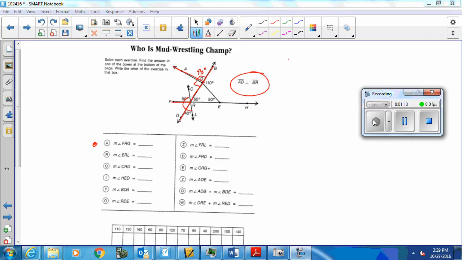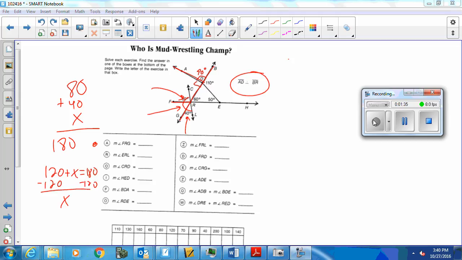If I know this one's 80 here, and this one's 40 here, then this one, which we don't know, all has to add up to 180. So 120 plus x is equal to 180. When you minus 120, you get x is equal to 60. So FRG is 60.